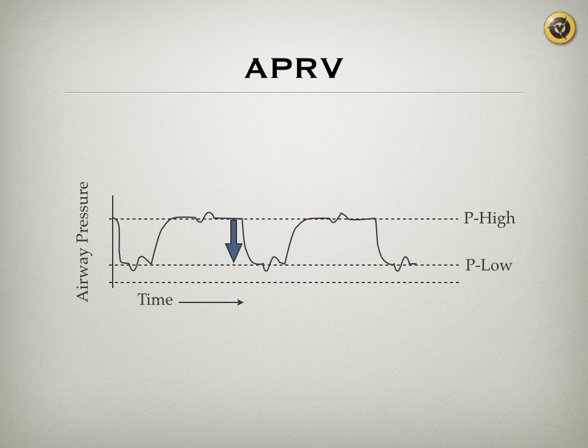You can see those small blips on top in the inspiration and expiration. Basically, the patient is moving smaller tidal volumes, 50 cc, 70 cc in and out. So there is actually ventilation happening, not just when the pressure drops or when the pressure is released, but also during the high pressures and during the low pressures.